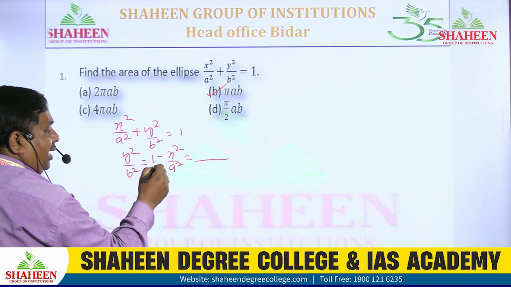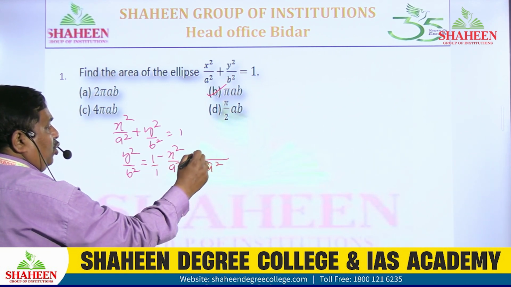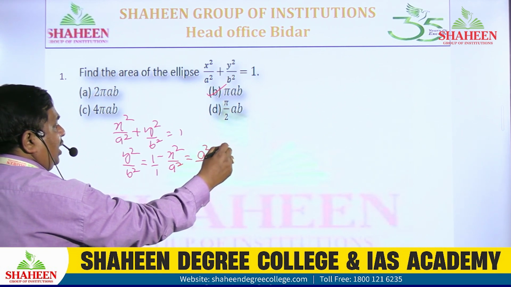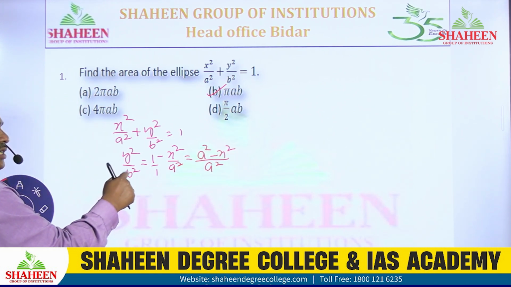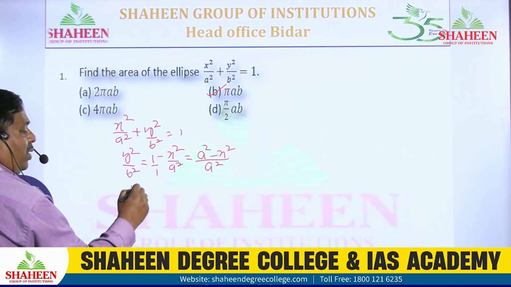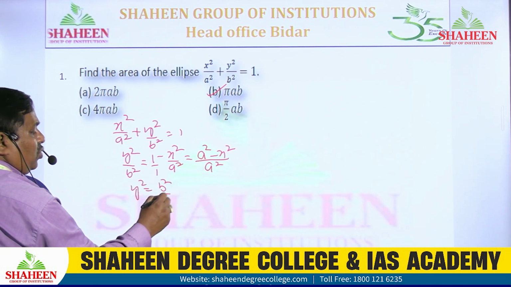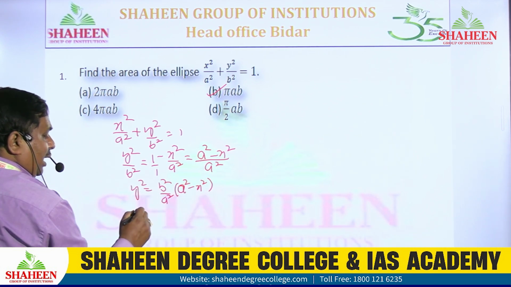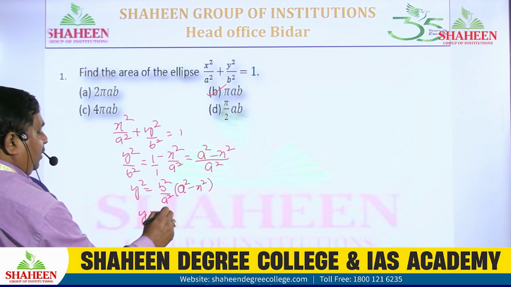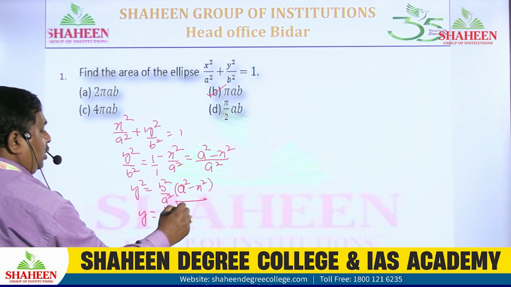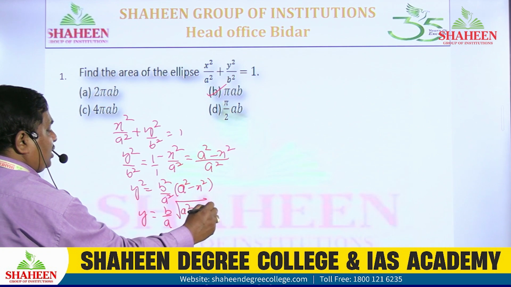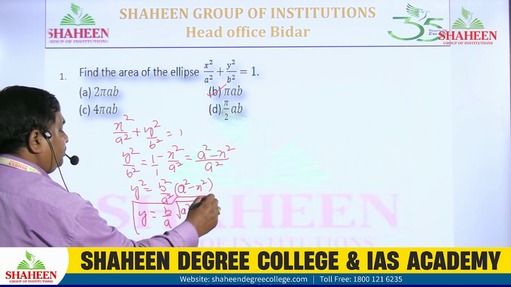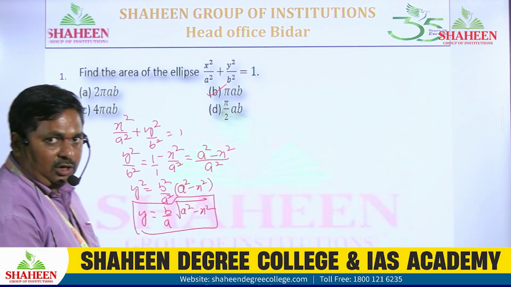On taking LCM, a square is the LCM, the numerator becomes a square minus x square. And taking this b square to the RHS, this becomes y square equal to b square by a square into a square minus x square, and y equals b by a into root a square minus x square. This is the curve equation.